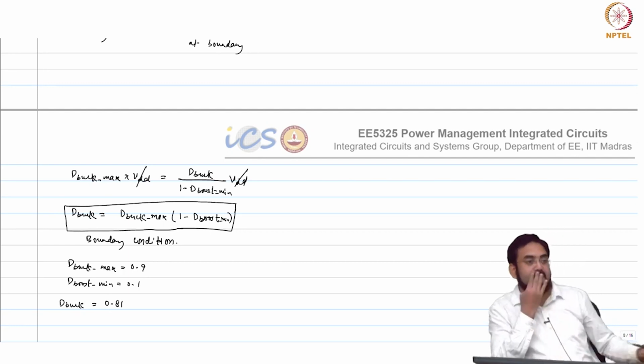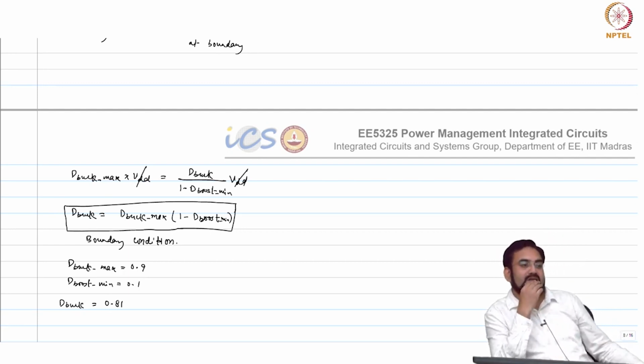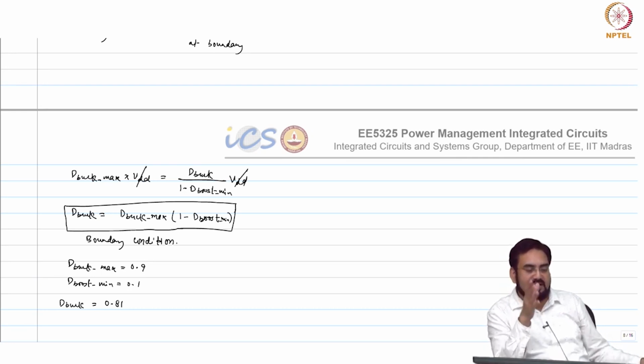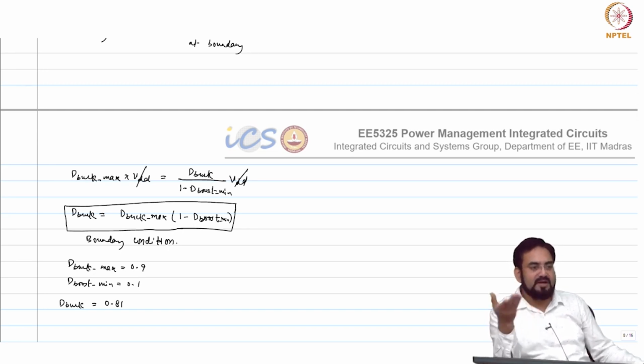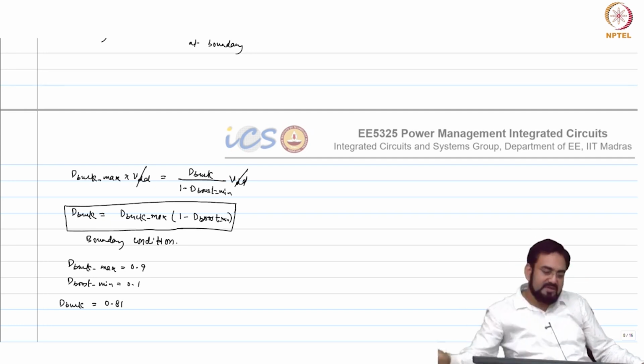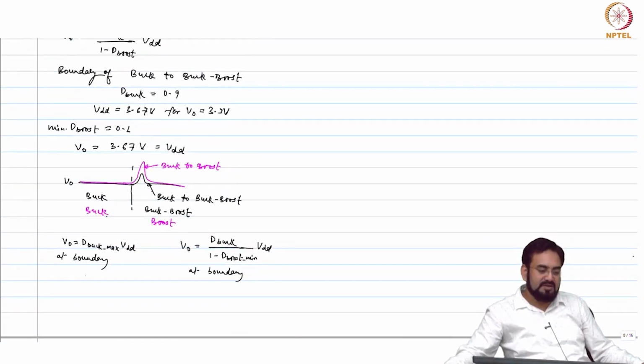Now if you operate in the buck-boost, you make your D buck 0.81 and your D boost is 0.1, you can achieve the same voltage, which is equal to 0.9 of D buck. So you won't see any overshoot in the output, it will remain at the same constant voltage.